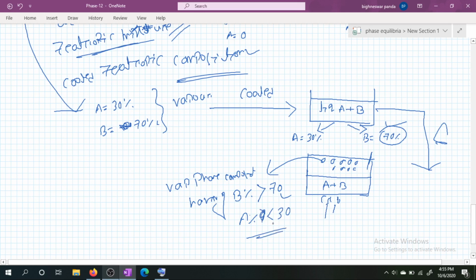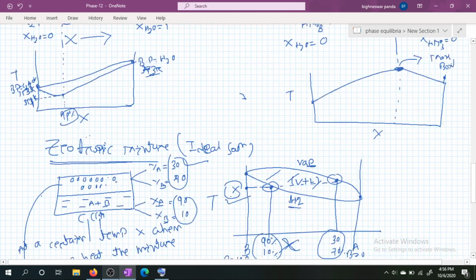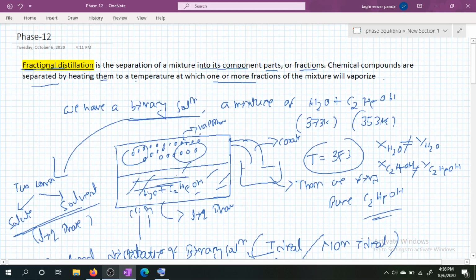So in this method we can easily fractionally distill to find a pure component. So this is all about zeotropic mixture and azeotropic mixture. So thank you.